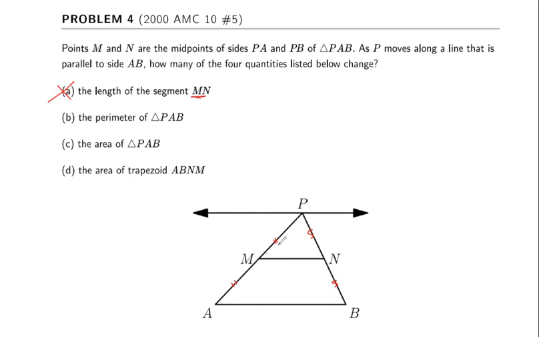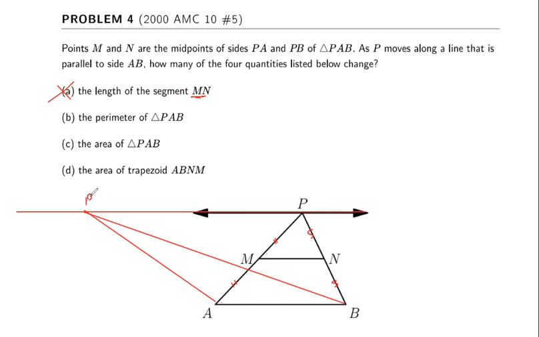Now the perimeter of PAB. Actually, we do change the perimeter, because even though AB doesn't change, if you drag this point all the way over here, let me visualize it a bit. If you want to convince yourself, take a point P right here and drag it all the way to here, and I'm going to call that P prime.